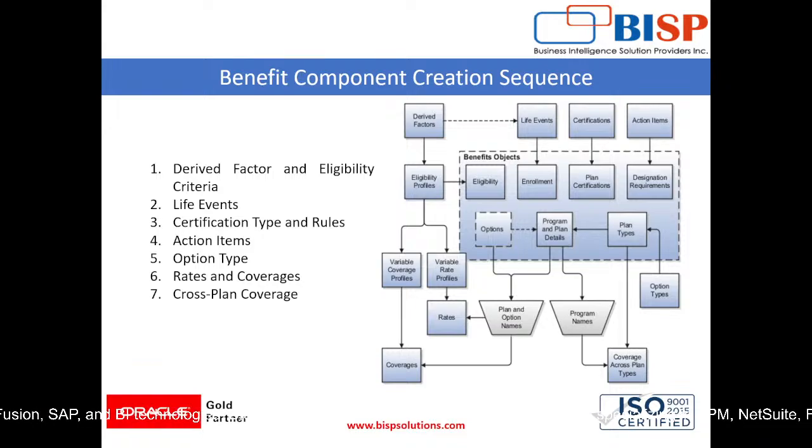Then there is your option type. Predefined option type controls how plan types are processed, for example health or savings plans. I'll show you in a bit what an option type is when we create a plan.